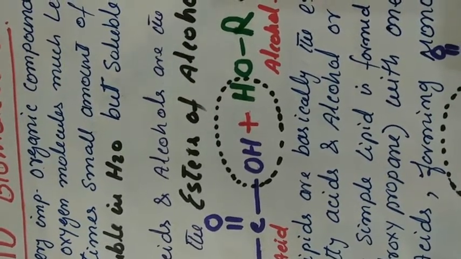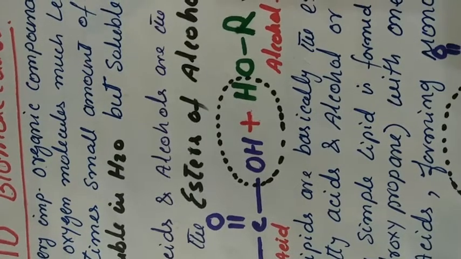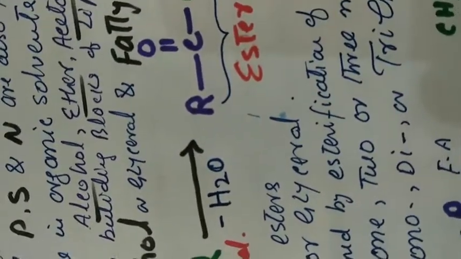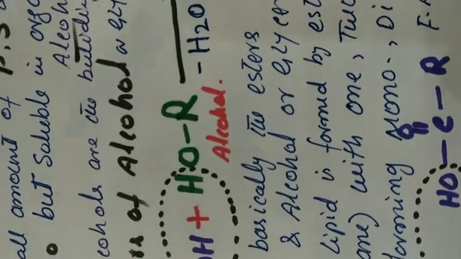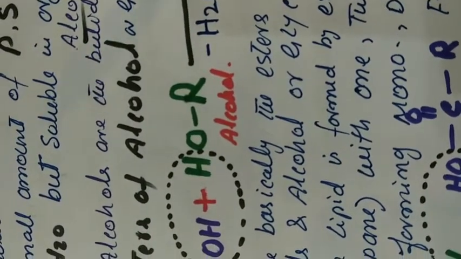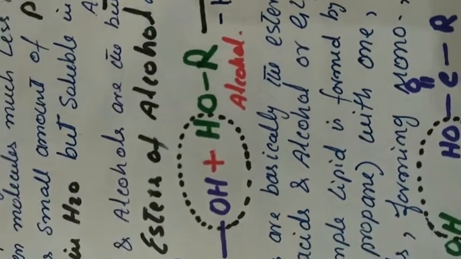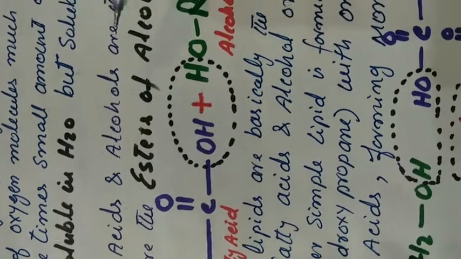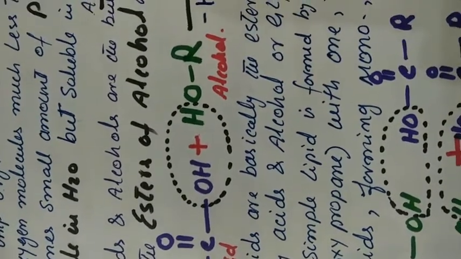That is, they don't dissolve in water, but they freely dissolve in organic solvents like alcohol, ether, acetone, chloroform, etc. Now, basically these lipids are formed by the combination of fatty acids and alcohols. So, fatty acids and alcohols are the building blocks of lipids.